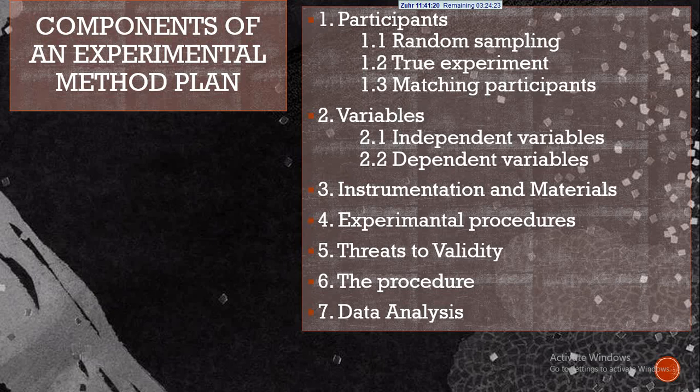The procedure: a proposal developer needs to describe in detail the procedure for conducting the experiment. A reader should be able to understand the design being used, the observations, the treatment, and the timeline of activities.